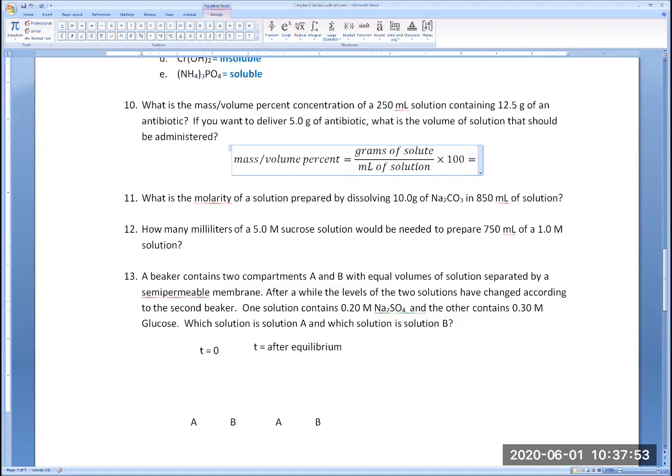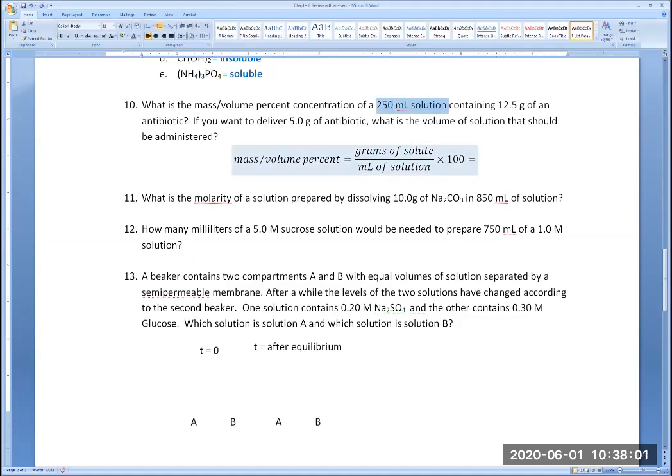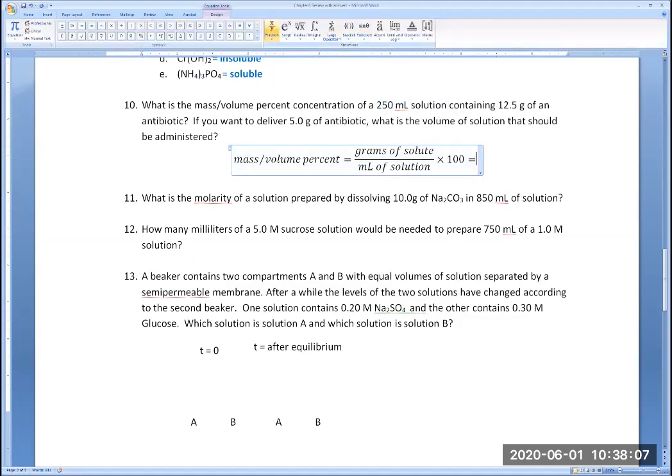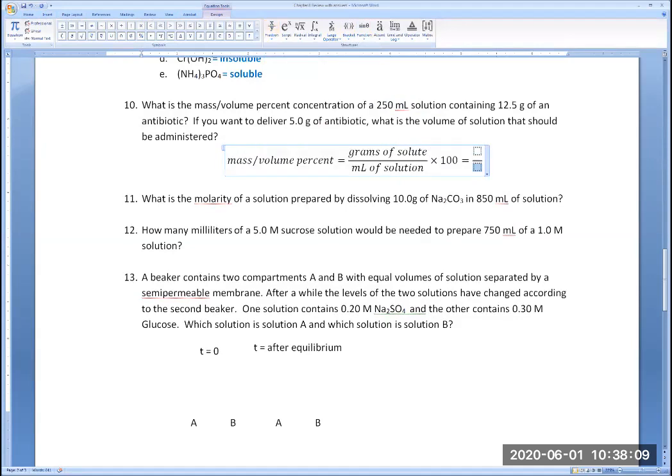Let's see if we can directly plug in the values. We have 250 milliliters of solution. It looks like it matches the denominator here. So let's put 250 milliliters in the denominator for the solution. And in the numerator, we need the grams of solute.